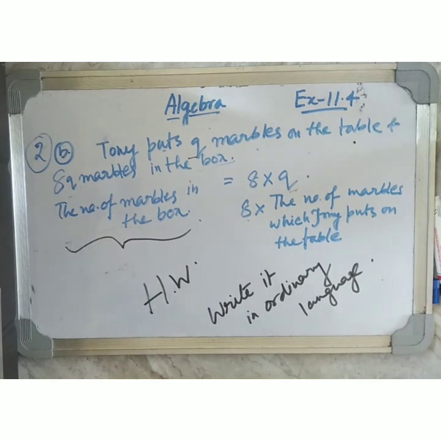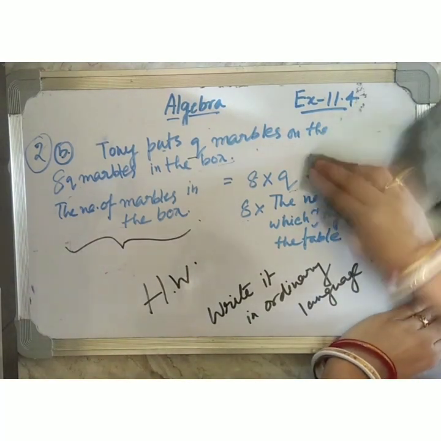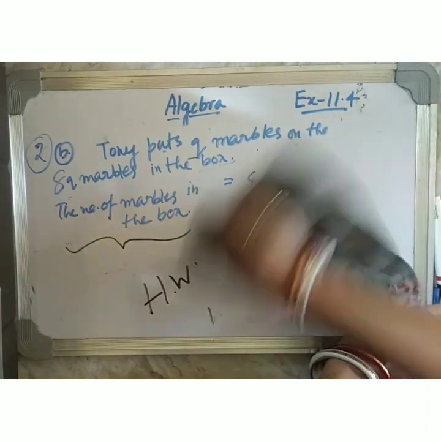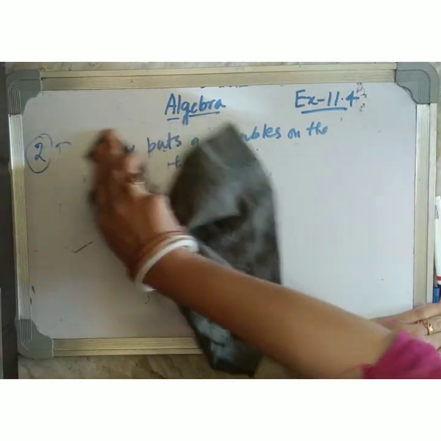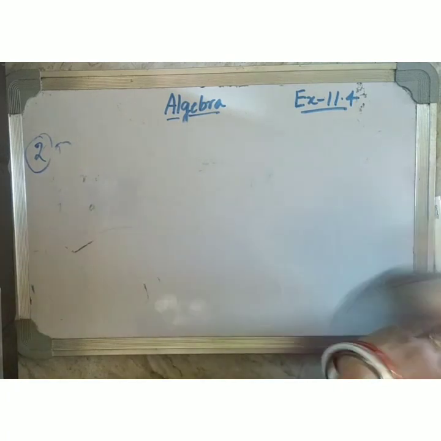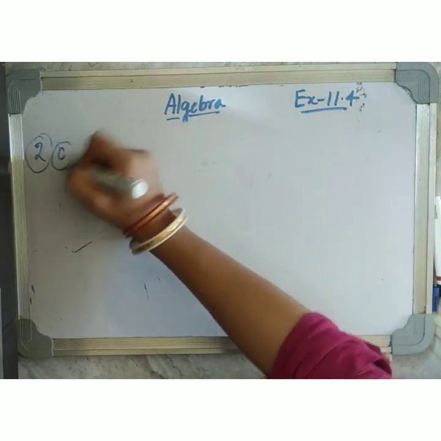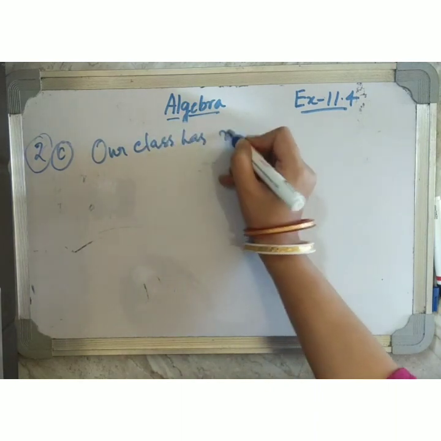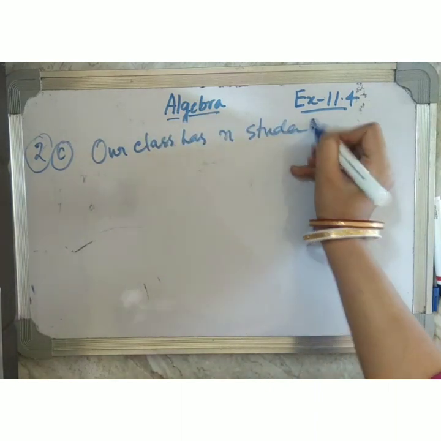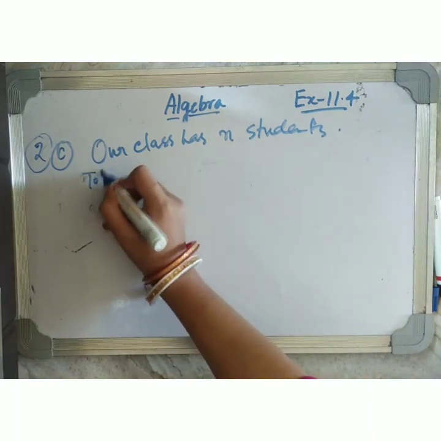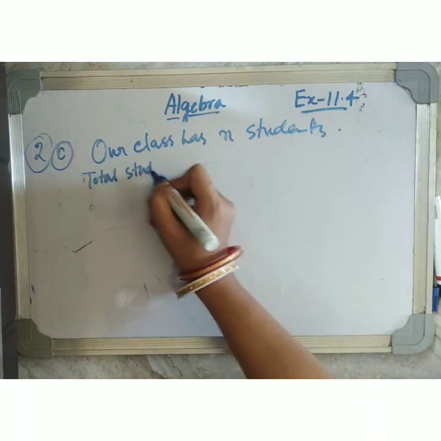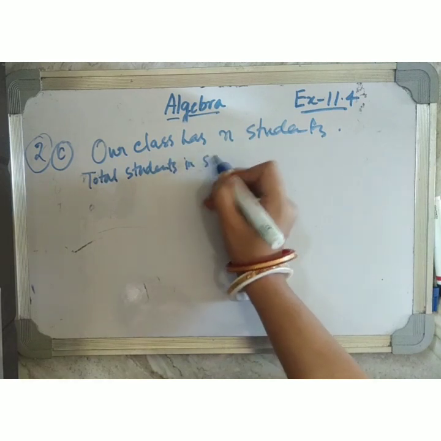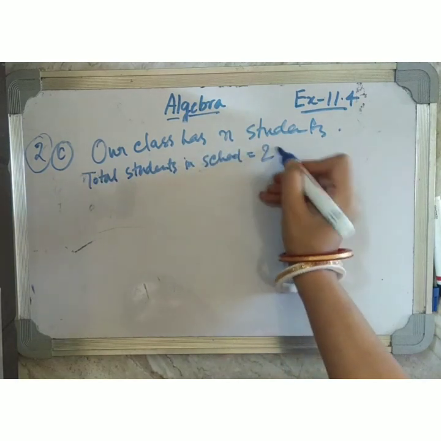In the next sum it is written, our class has n students, the school has 20 n students. Here our class contains n students and the total number of students in the school is 20n. So let's write it. Our class has n students, total students in school is equal to 20n.